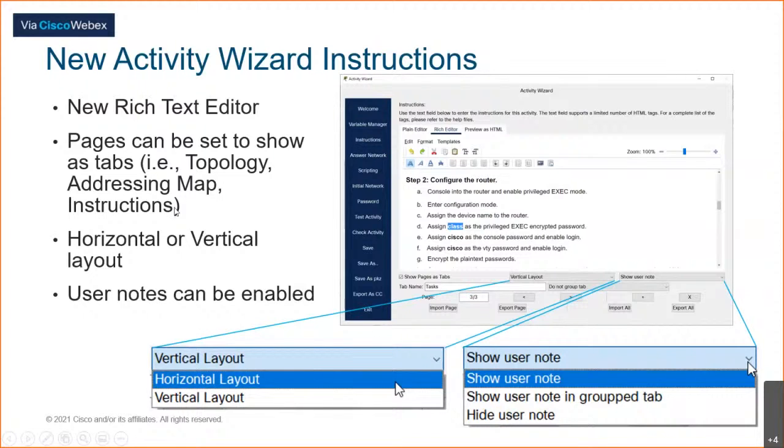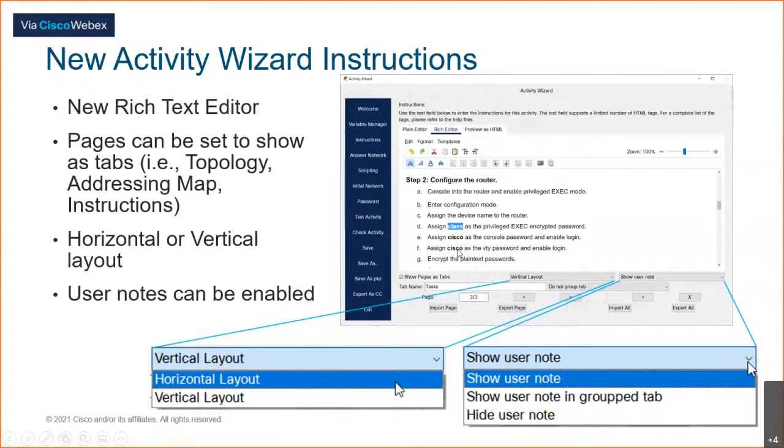And with this enhancement, the idea is really, okay, let's say these pages are not really pages to list through, but these are just pieces of content to be displayed to the learner at the same time in different panels. That's the idea. So that's why we have also the tab name here. And basically this page number 3 will be displayed to the learner as the tasks panel or tasks tab.